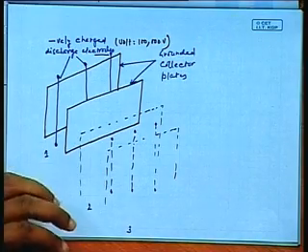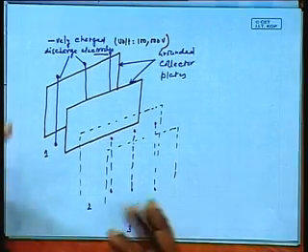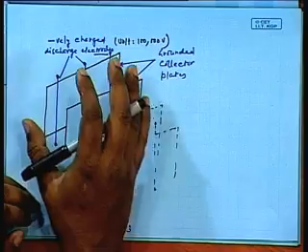This is not a single column. There will be multiple columns of this in the electrostatic precipitator. There may be about 1,000 such blocks where there will be two grounded blocks, insulated by another two grounded blocks, and in between there will be three or four negatively charged discharge electrodes, and the potential difference can rise up to 100,000 volts.